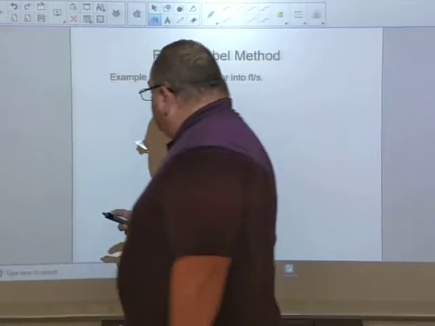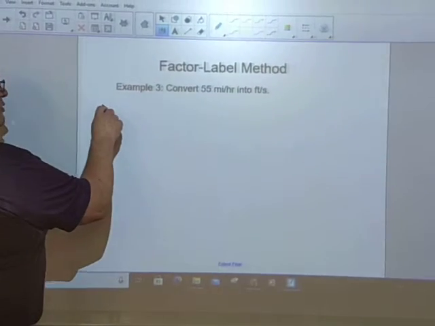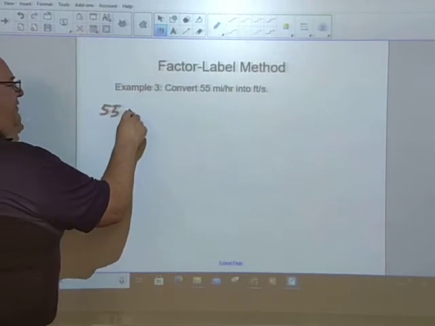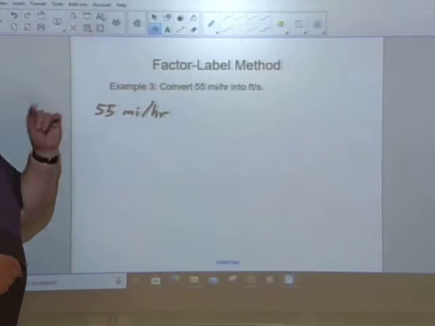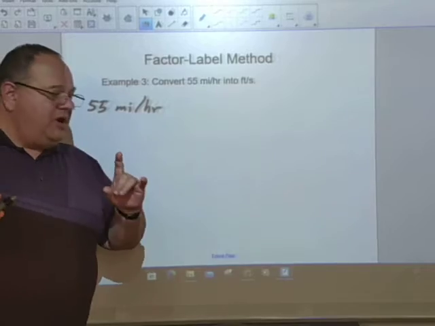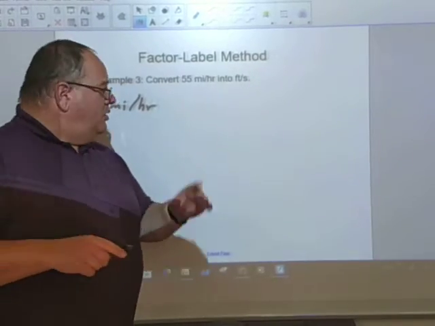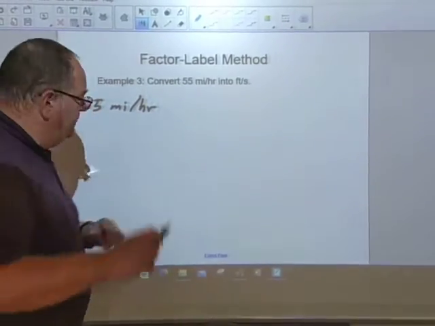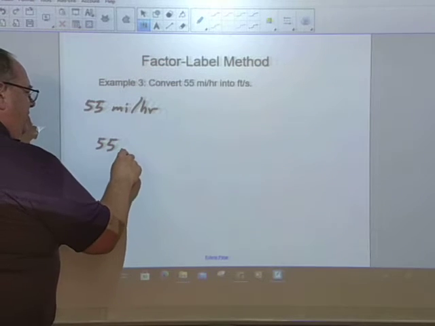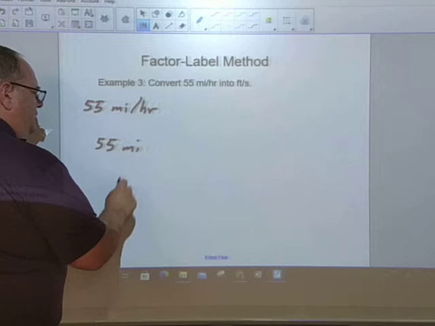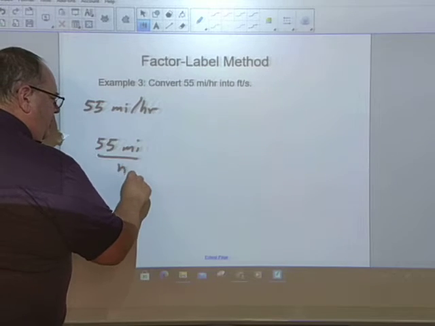When I write down my beginning quantity, 55 miles per hour, well, that's not wrong, but if we want to make things easy for yourselves, we're going to do that a little bit differently.